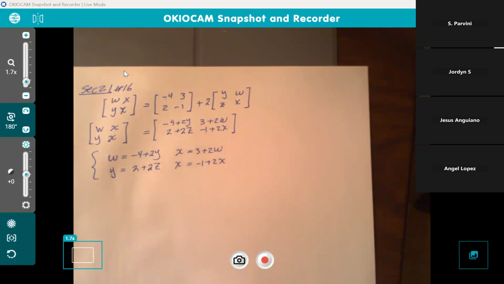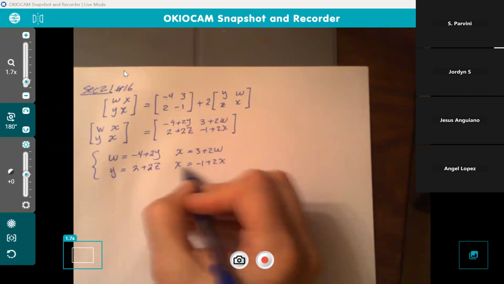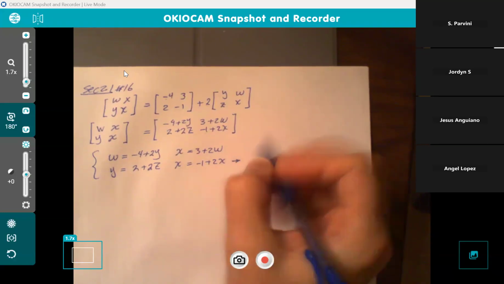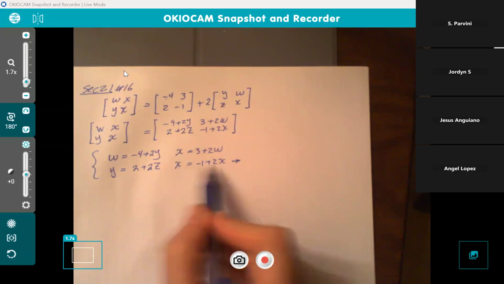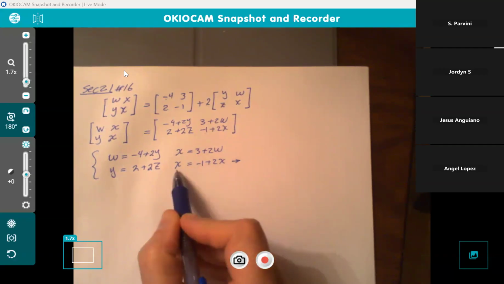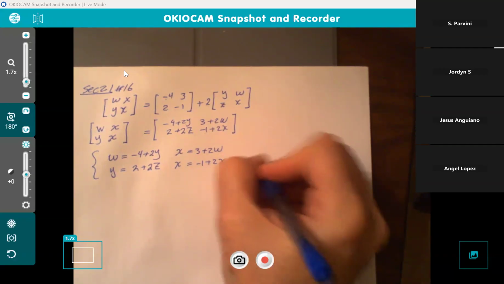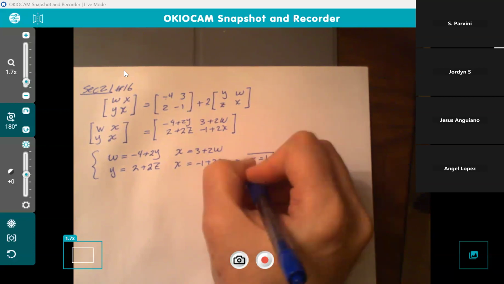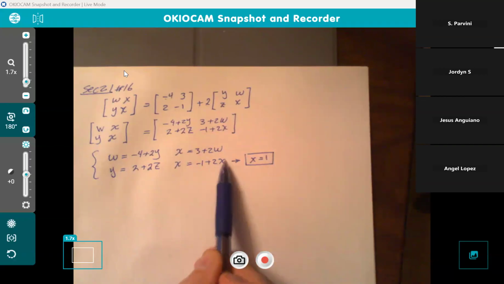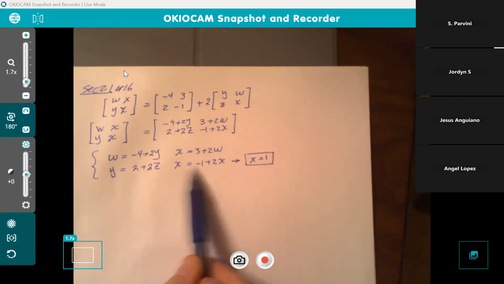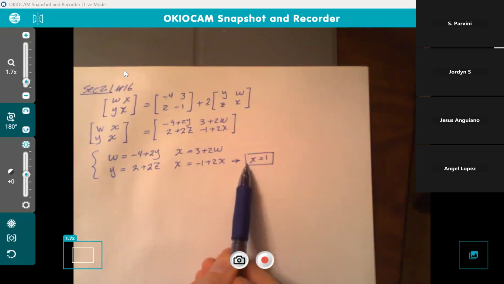So let's see. We should be able to solve this, right? And here, from this equation, I can isolate X: subtract X from both sides, add 1 to both sides. So this will give me X is 1.